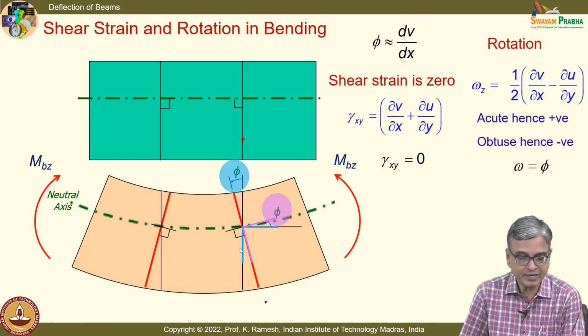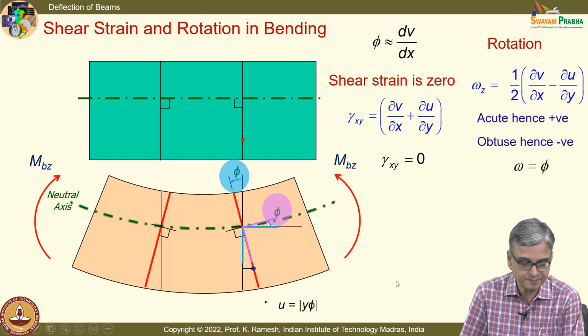Suppose I take a point in the undeformed beam. In the deformed beam, this point will be shifted to this, it is rotated like this, and from the magnitude point of view, you can write u as modulus of y phi. I have epsilon xx is dou u by dou x.